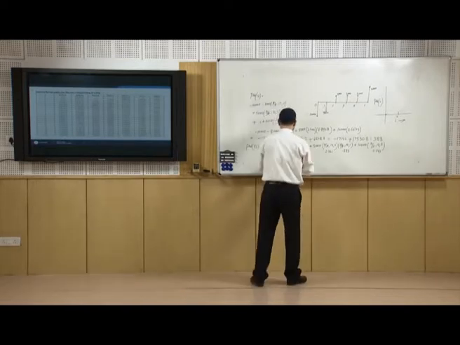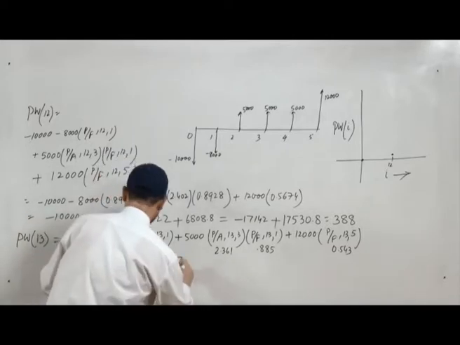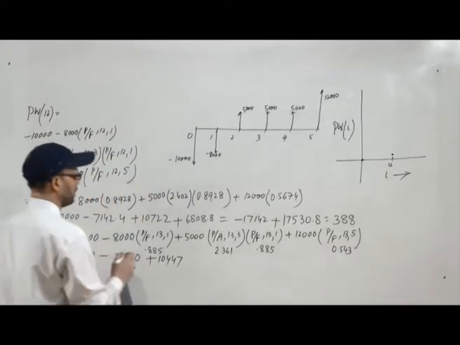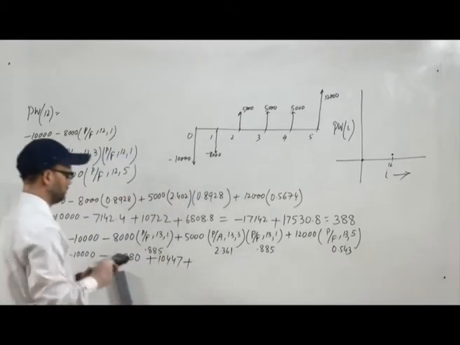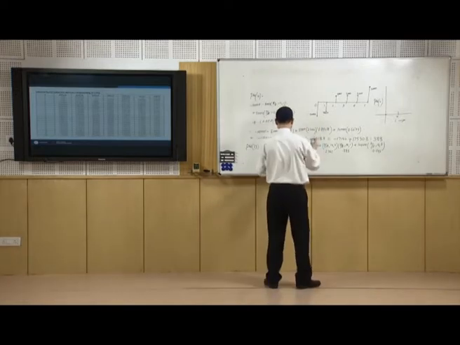So, it is 10,447 plus 12,000 multiplied by 0.543, that is 6516.